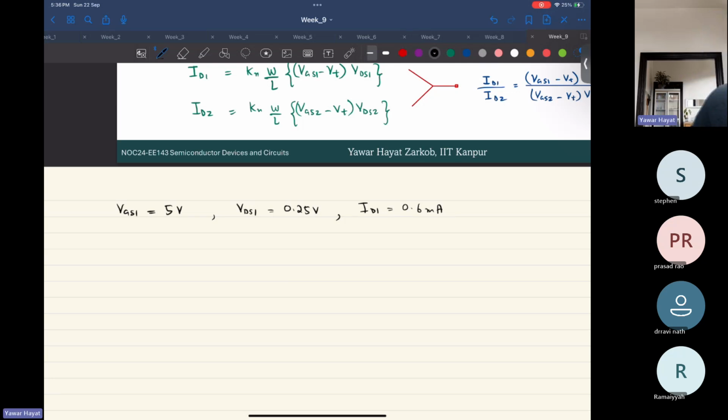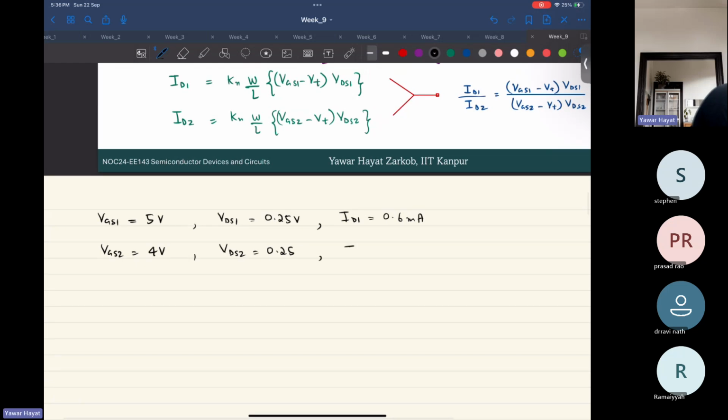Similarly, your VGS2, I chose that as 4, corresponding to VDS2, which is also 0.25, and your ID2 is equal to 0.4 milliamps.